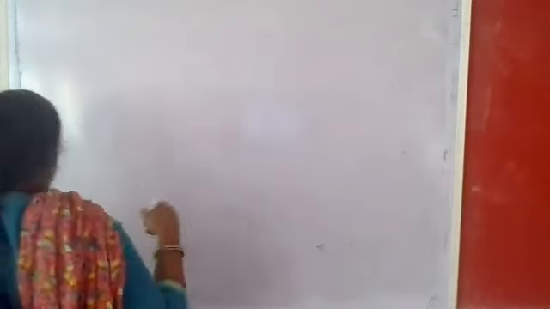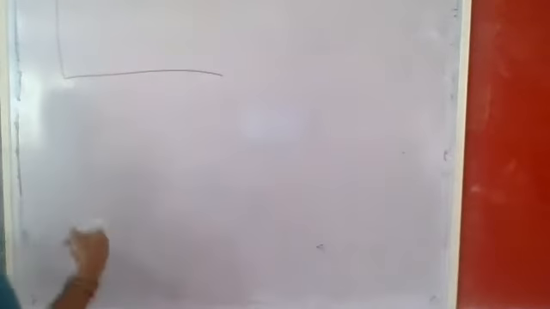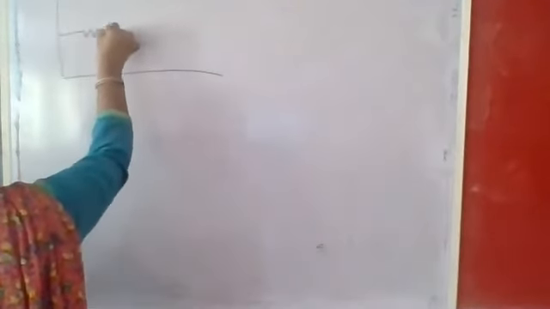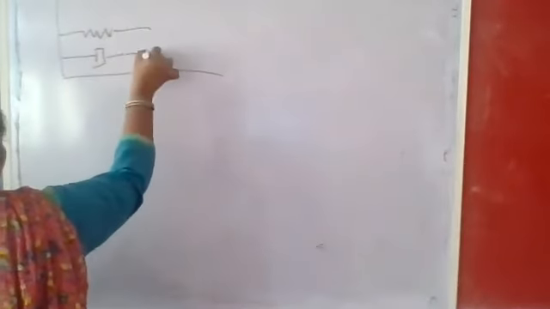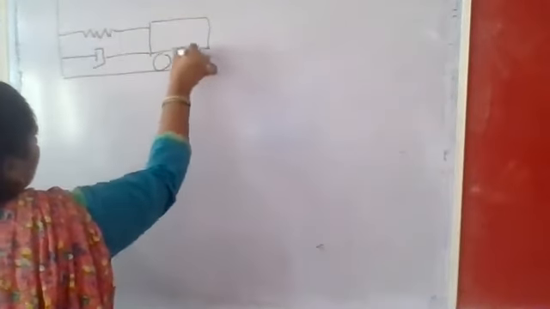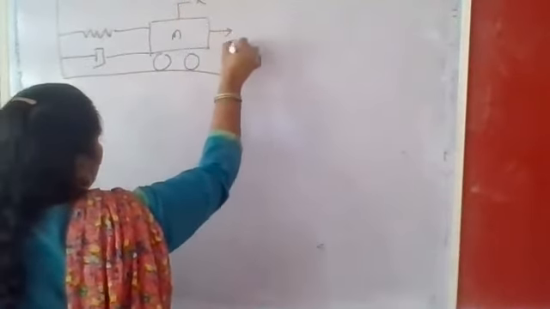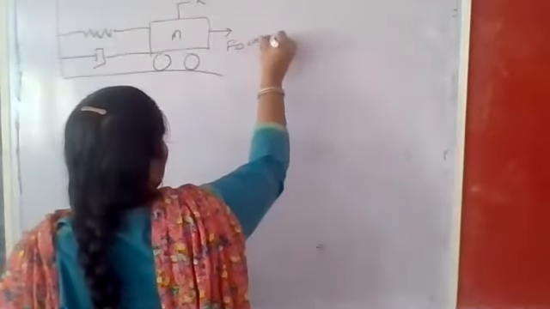Draw a diagram also. That is the basic diagram: a mass-spring-damper system. That is the mass M, that is the displacement X, and that is the force F naught cos omega t.